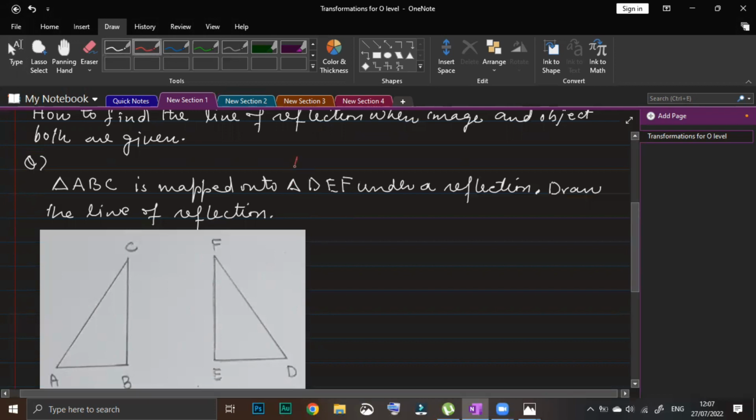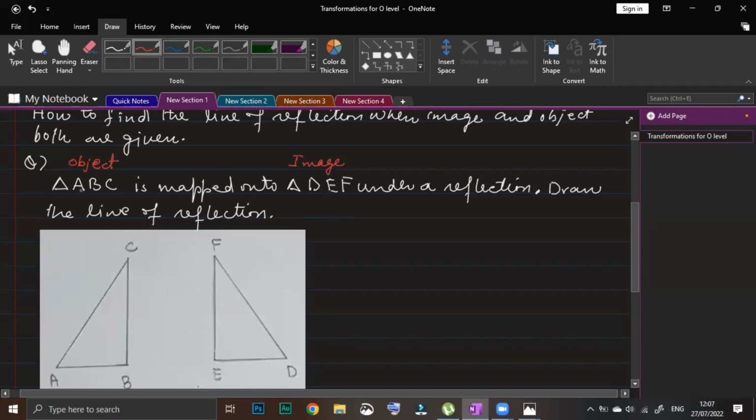This one is the image. And the figure before the words "mapped onto" is the object. Now ABC is the object figure and DEF is the image figure.